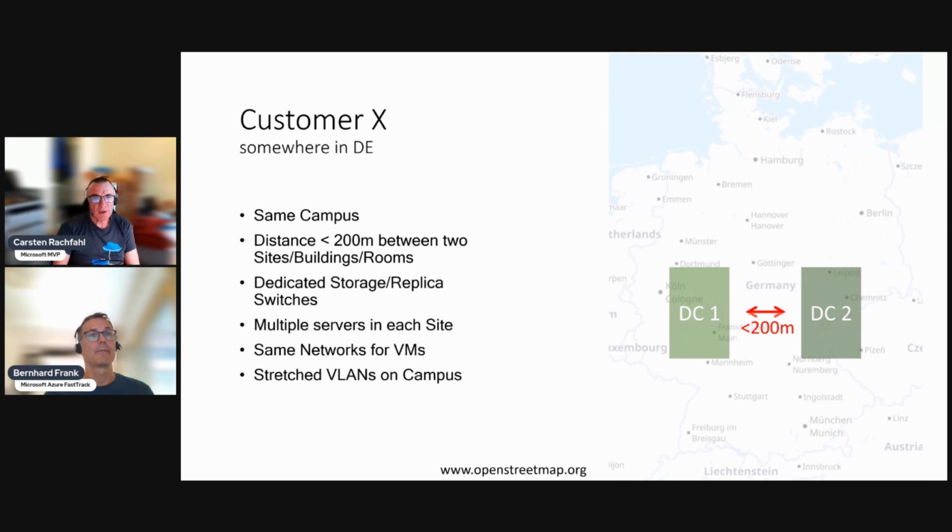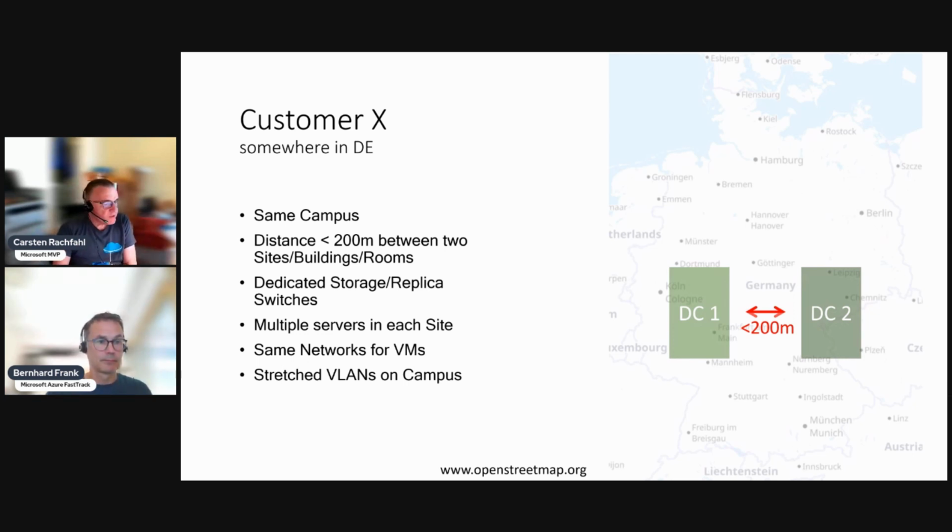To give numbers to that, more than 80% of the stretch cluster scenarios I have done in Germany are around this. Some maybe 50 meters, some 100 meters between the rooms, the sites. Some customers even have containers for their servers and so on.